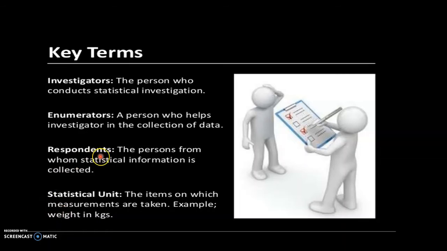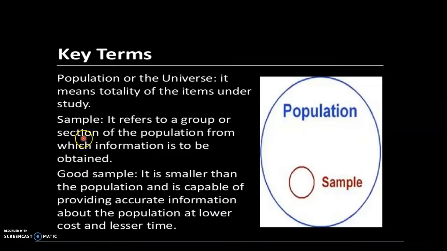Then respondents. The person from whom statistical information is collected is known as respondent. Then statistical unit. The items on which measurements are taken. Example, weight in kilograms. The next one is population or the universe. It means totality of the items under study.